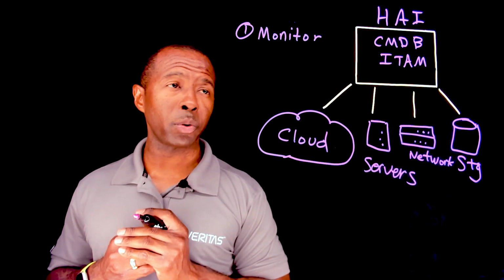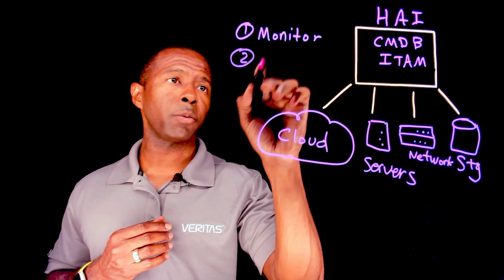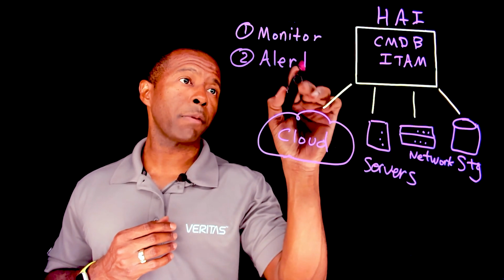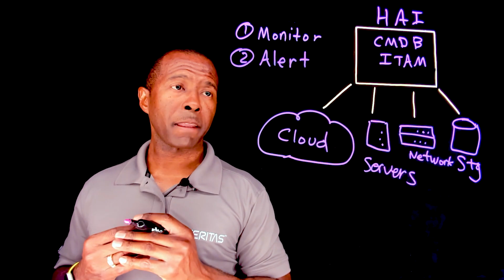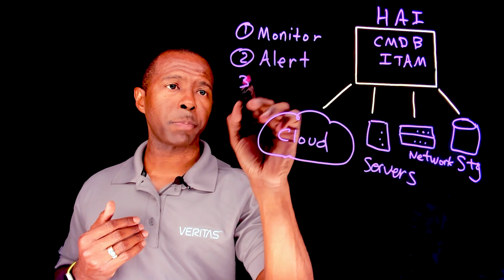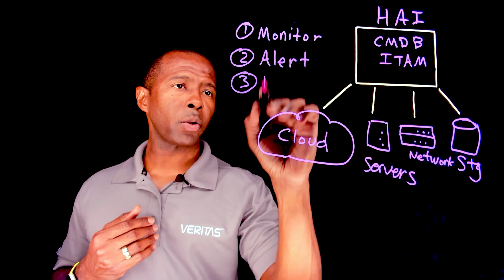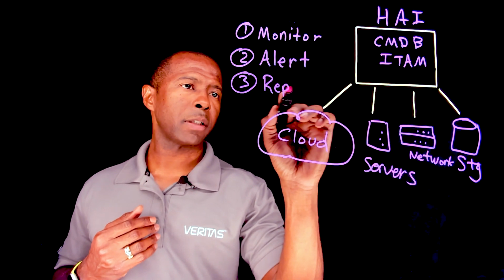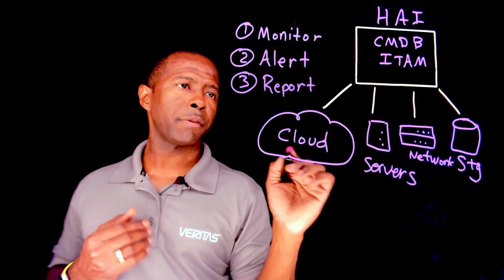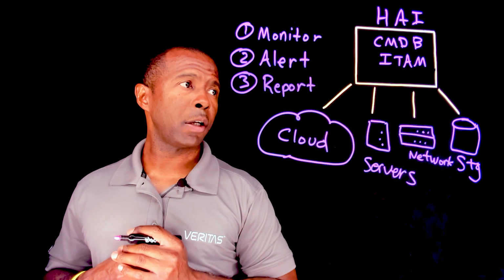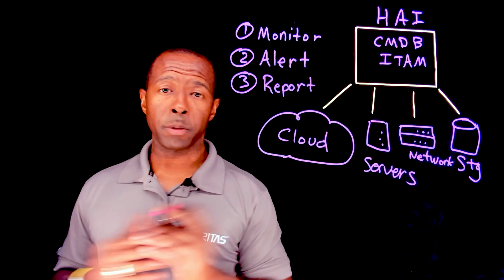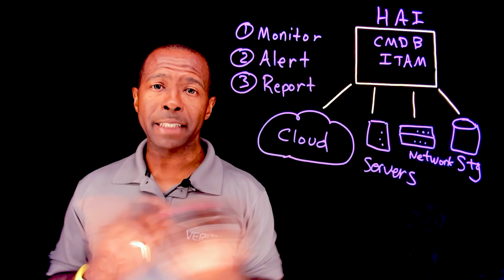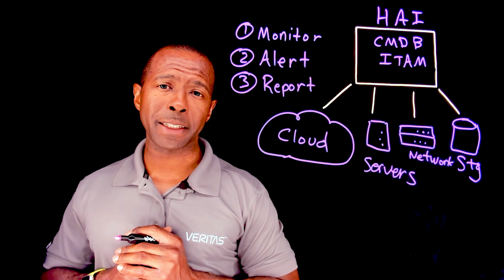The second thing is some form of alerting so your security operations center can leap into action and respond. And then also from a compliance perspective, you can do some type of reporting. Now, these are all critical in getting an entire global view of all of your IT assets.